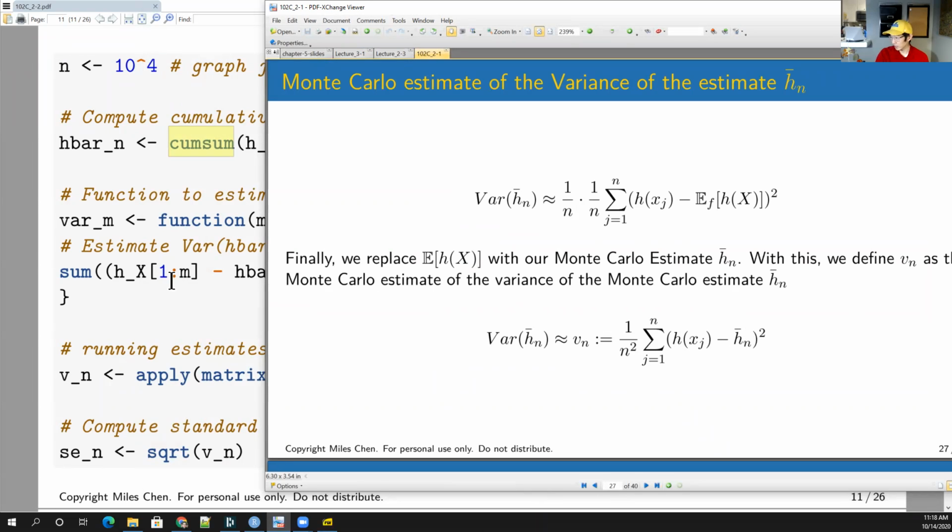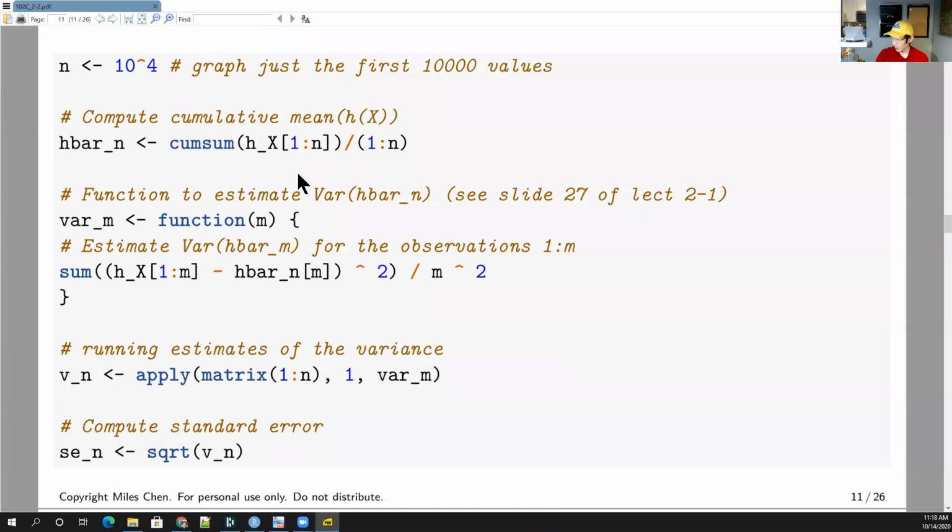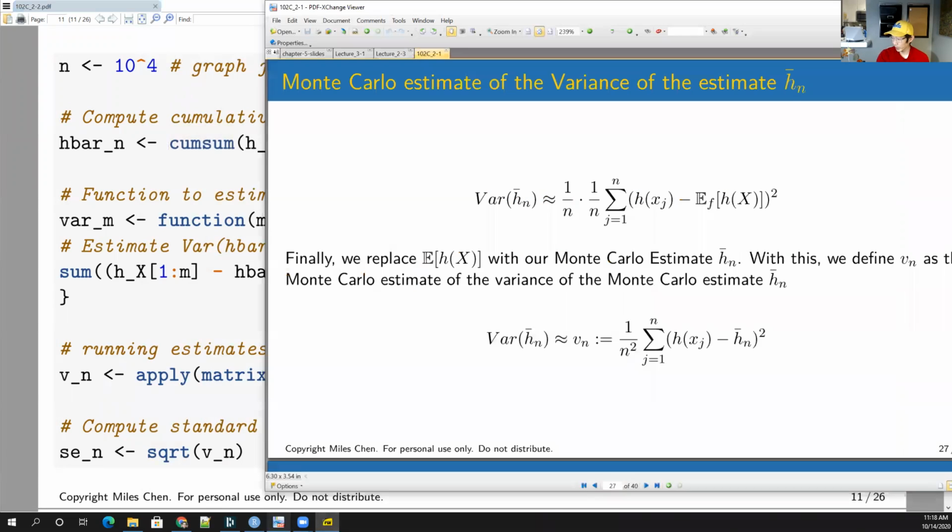And so in order to do this, basically rather than resampling every single time, I just did all of my sampling in the beginning, and then I'm going to go back, like quote back in time, and just say, what is my estimate of h bar sub n if I'm only looking at the first 200 values? What's the estimate of h bar sub n if I'm only looking at the first 300 values?